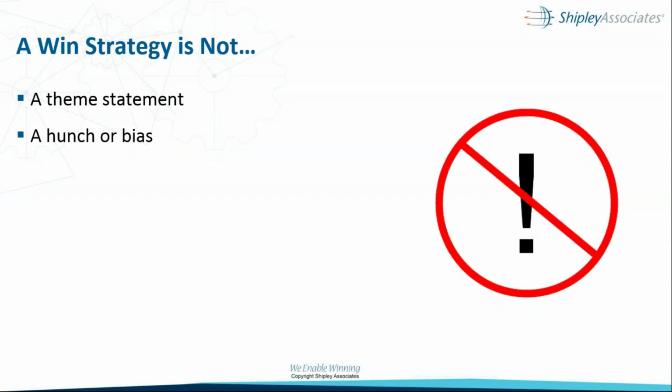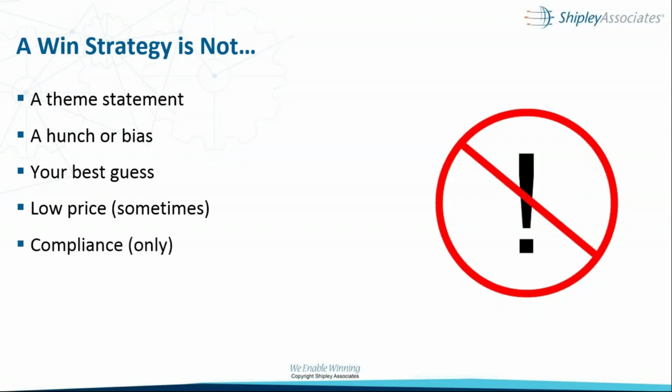A win strategy is certainly not just a hunch or bias. We don't build our solution and our message and our proposal around hunches and biases. It's not our best guess on what the customer wants. It's not low price, although maybe it is sometimes. Sometimes it is fair that the win strategy is to be the low price solution. So that's fair.